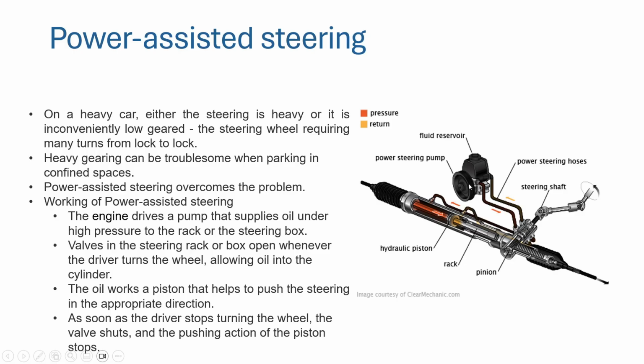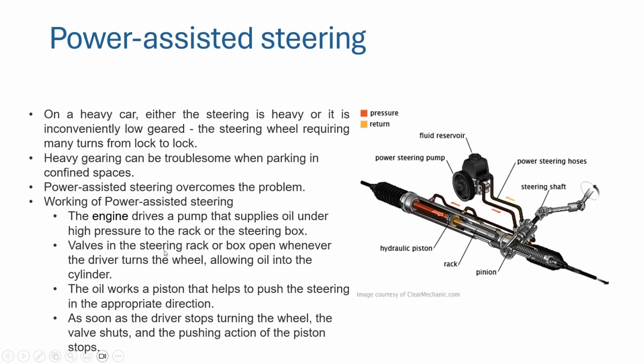Then the pump will pump the fluid from the reservoir to the hydraulic piston subsystem, which is connected to the rack and gear subsystem of the steering. You can see the pump is giving the fluid to the hydraulic system. This hydraulic system produces some external force with the help of the piston subsystem.